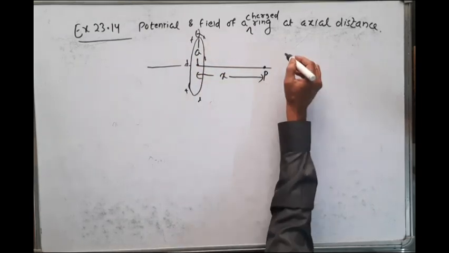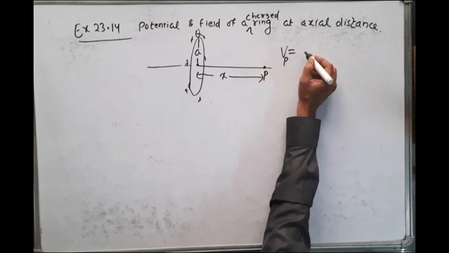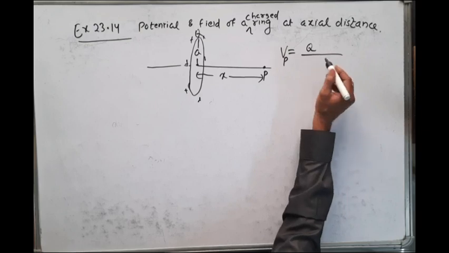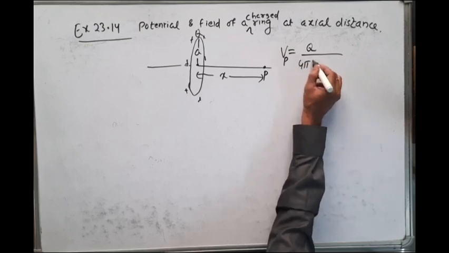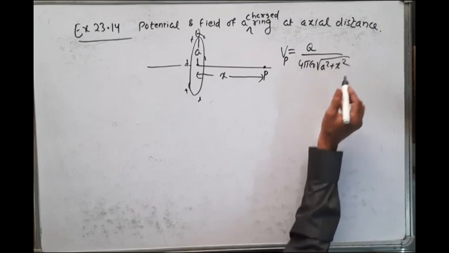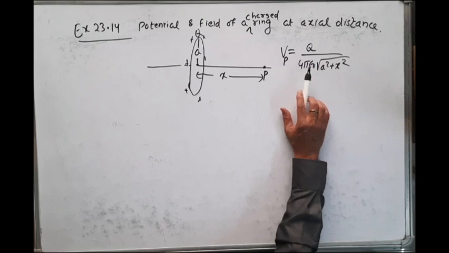We have already found that the potential at point P is Q by 4 pi epsilon naught square root of a square plus x square. We derived this in the last video, so if you have not seen it, please refer to that video.